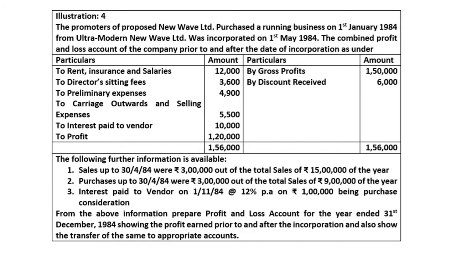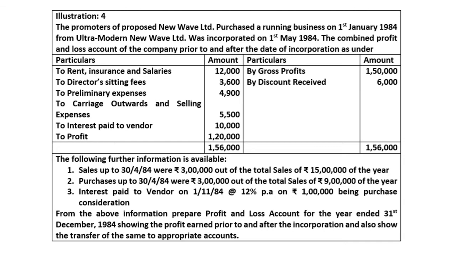Following further information is available. Sales up to 30th April 1984 were 3 lakhs out of the total sales of 15 lakhs. So 3 lakhs is pre-incorporation, balance 12 lakhs is post-incorporation. Purchases up to 30th April were 3 lakhs out of the total purchases of 9 lakhs. So 3 lakhs is pre, sorry, out of the total purchases 6 lakhs is post incorporation.